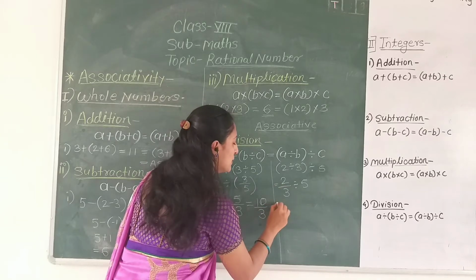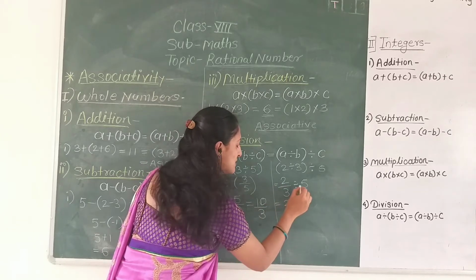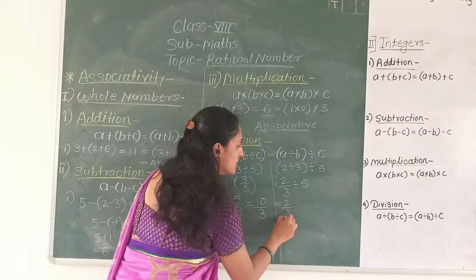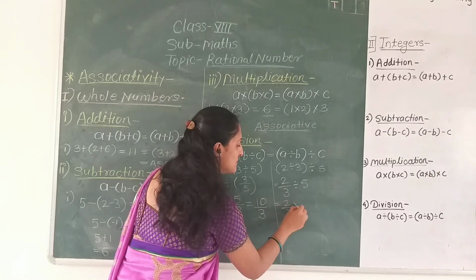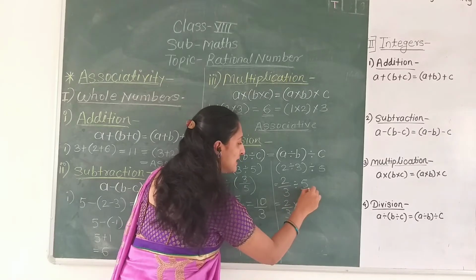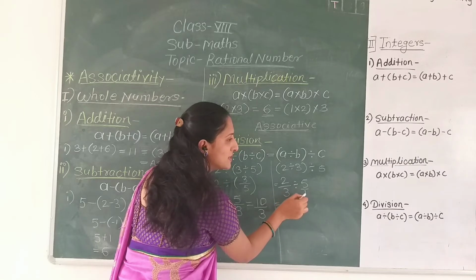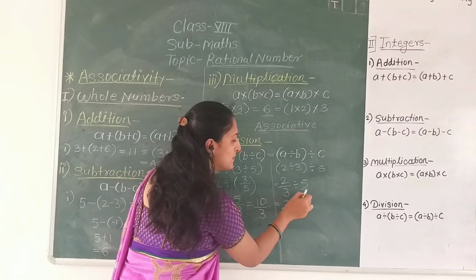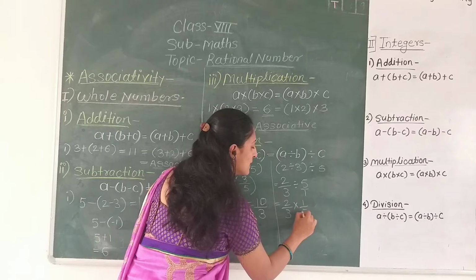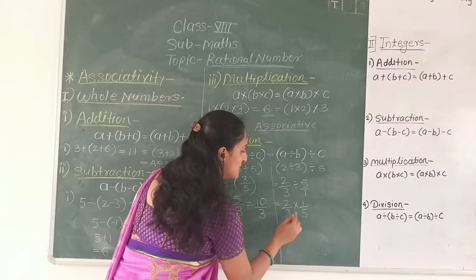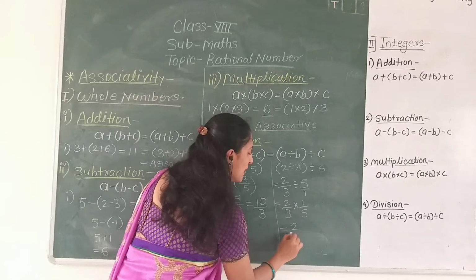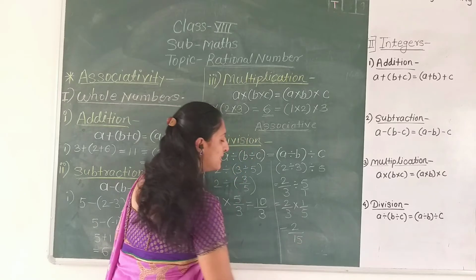Here we have to find this division. The division sign changes to multiplication, and I take the reciprocal of 5 upon 1, which is 1 upon 5. That means 2 ones are 2 and 3 fives are 15.